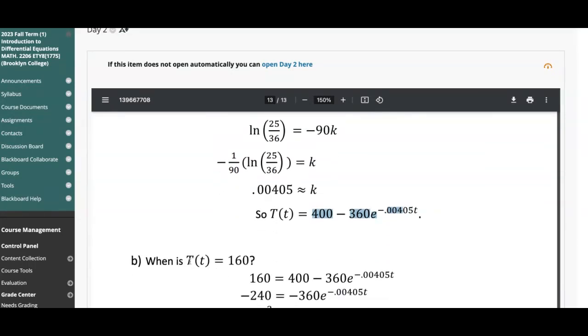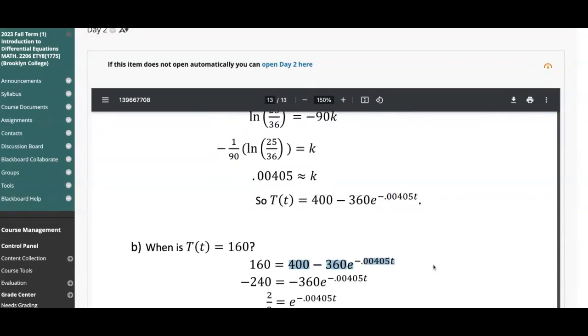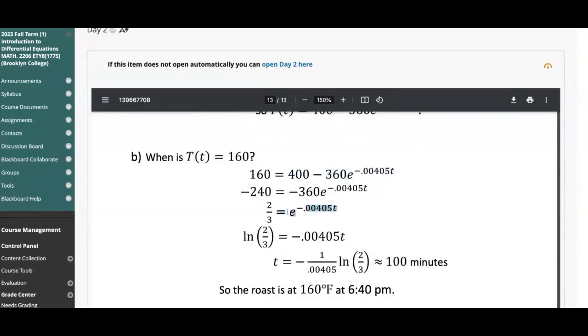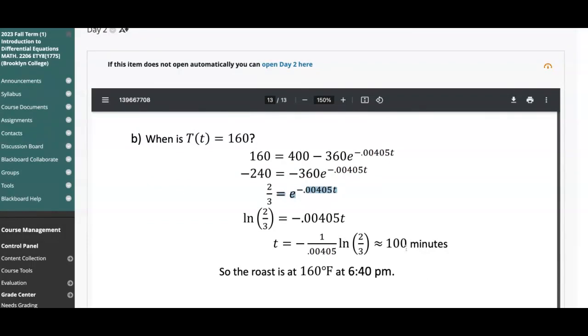So for B, we just find after how many minutes the object temperature will be 160. That means T of t equals 160, and we want to solve for t. We get e to this term equals 2/3. We take ln on both sides, so t is about 100 minutes.